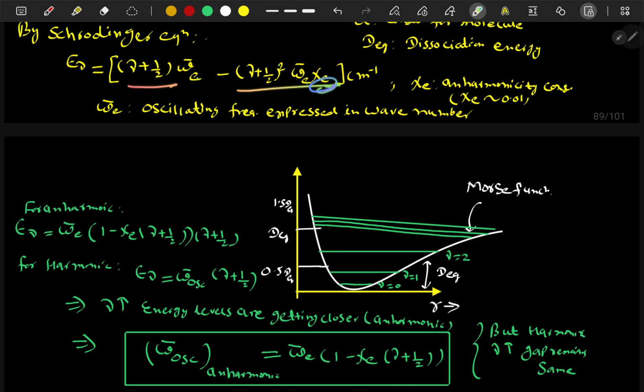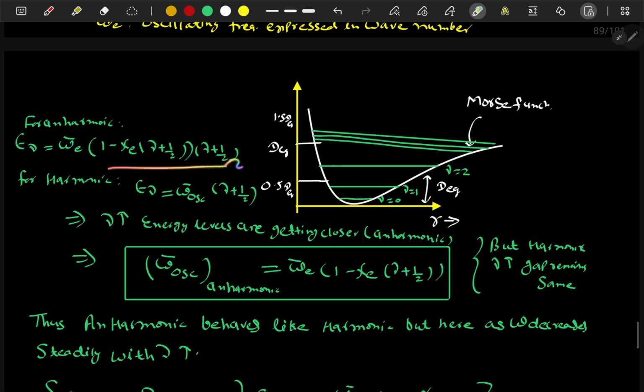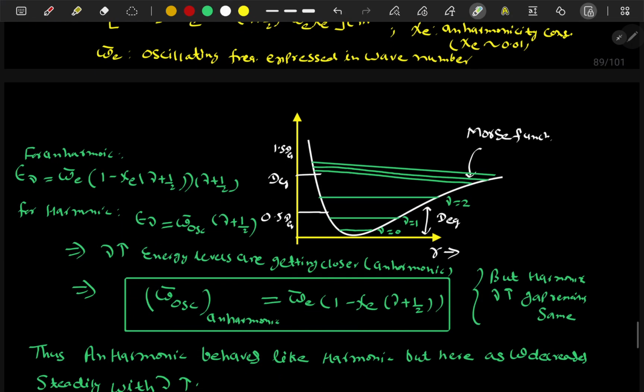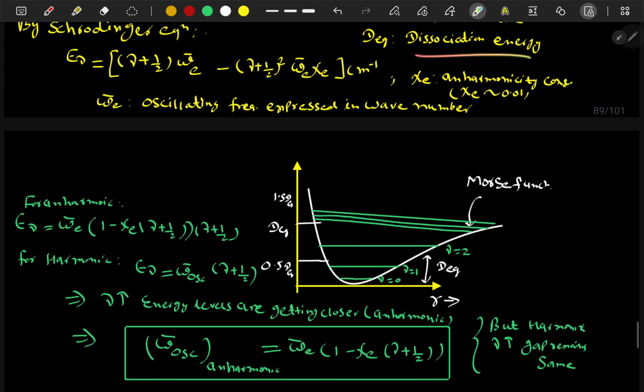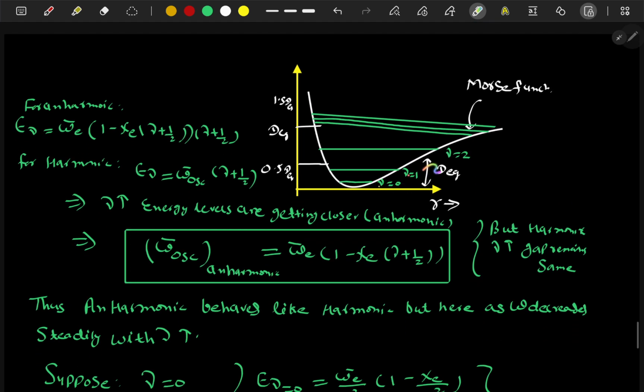Same, but with coefficient x. So this was the expression for anharmonic, and this was the expression for harmonic. So just try to draw the Morse function. This is r and this is D, which is the dissociation energy. So μ 0, μ 1, μ 2, and it will continue. When the quantum number increases, energy levels get closer.